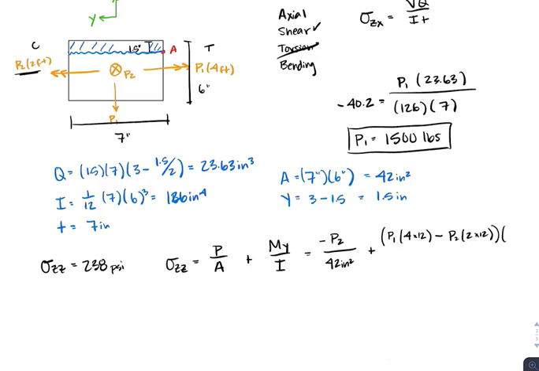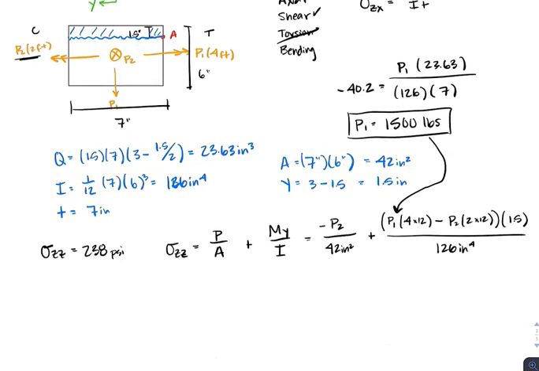So that is going to be multiplied by our 1.5 inches, and that's all over our I that we had calculated, which is 126 inches to the fourth. So all we have to do is plug in our P1 value into our equation and then solve for P2. When you do that, you should get a P2 value that is equal to 2,000 pounds. And that's how you solve for both of those forces.